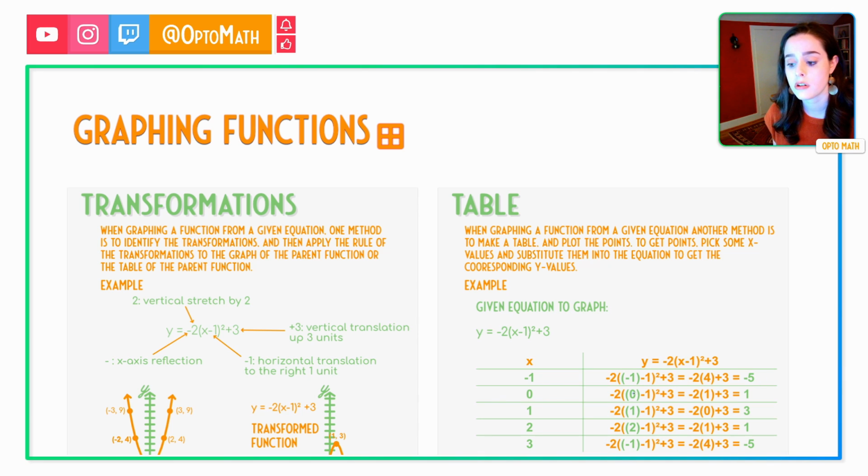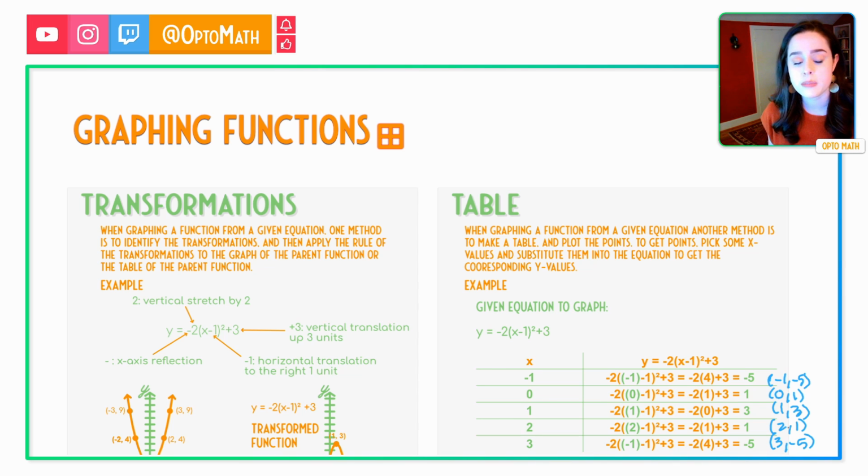We substituted 0 for x, did all of our calculation, and got 1, and so on. So we've got our new points. It's the green. So -1, -5 is a point. 0, 1, 1, 3, 2, 1, and 3, -5.